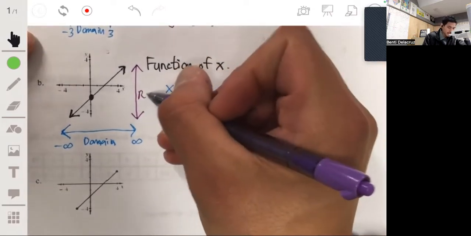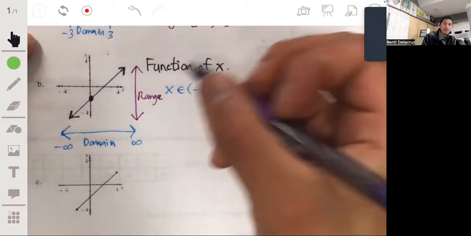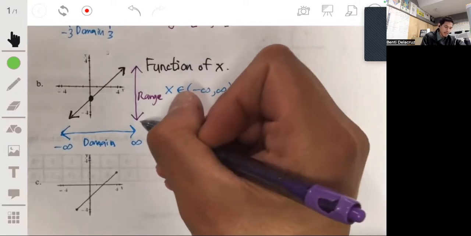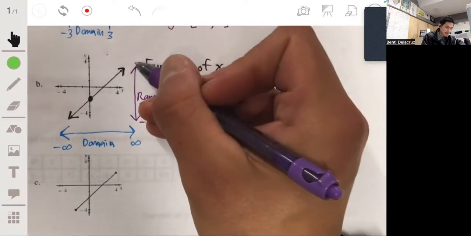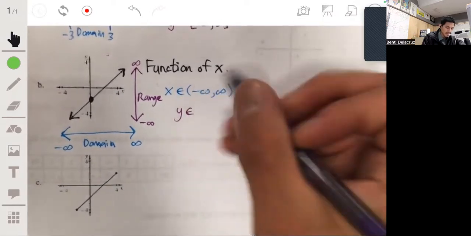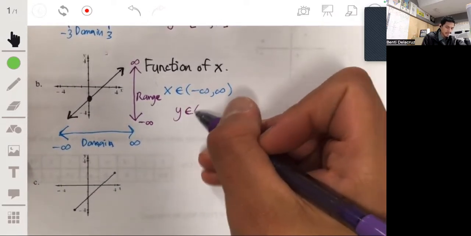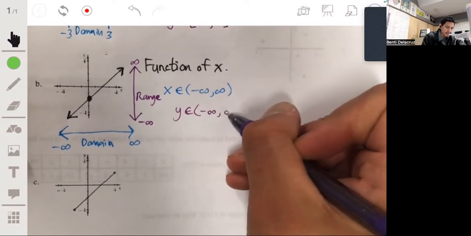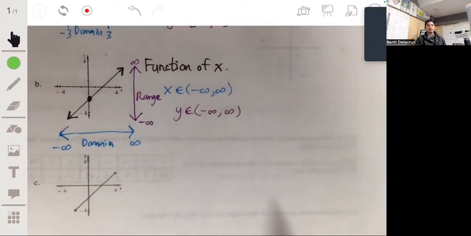So the range is also all the real y values. So -infinity down here to +infinity upward. So the range would be the same as the domain, except we're talking about just y. So from -infinity to infinity, and we use parentheses because we can't include infinity.